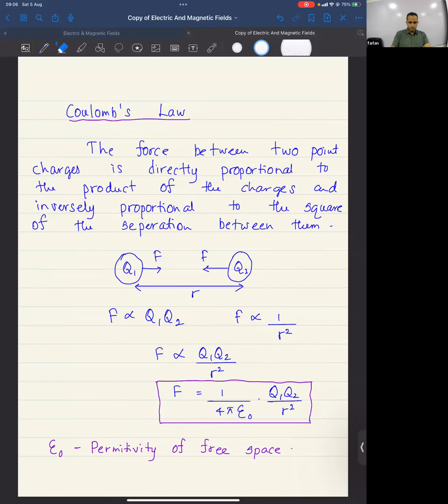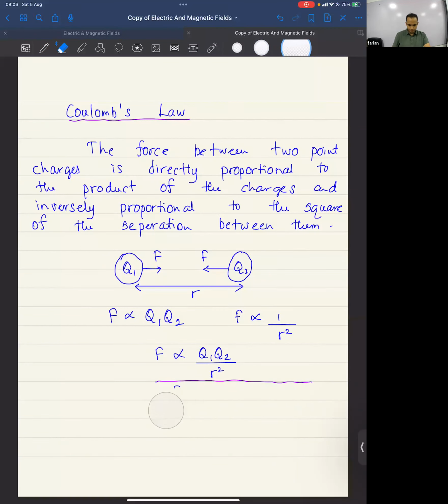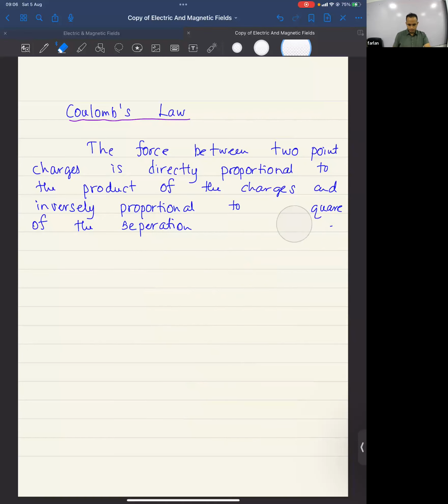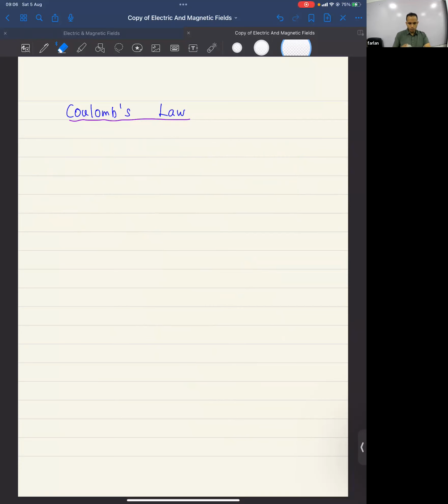Right, on to the next subtopic, Coulomb's law.